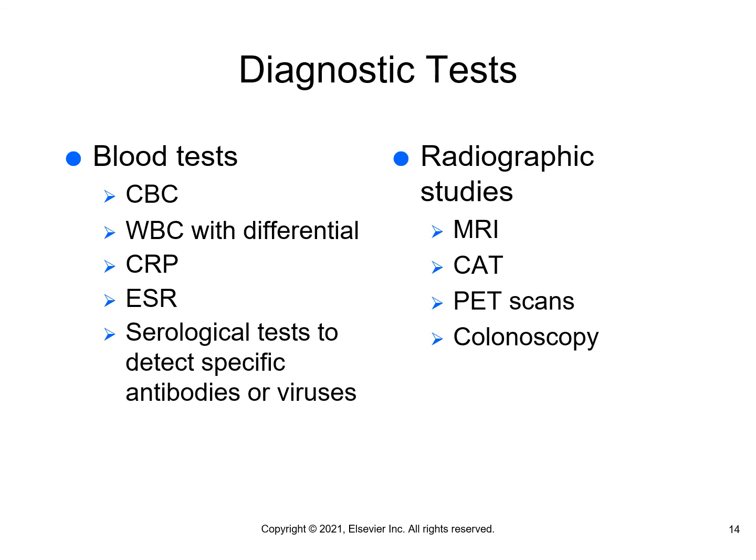What are some serological tests that are done? And in those radiographic studies, what are they looking for in an MRI, in a CAT scan, in a PET scan versus a colonoscopy? I want you to bring those to the table when we're discussing in class.